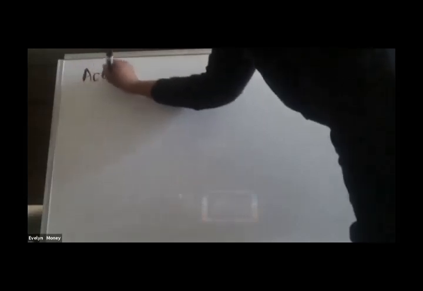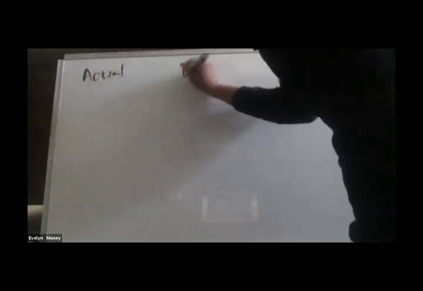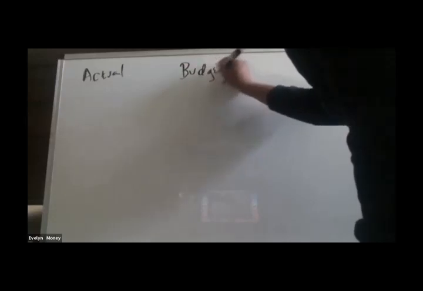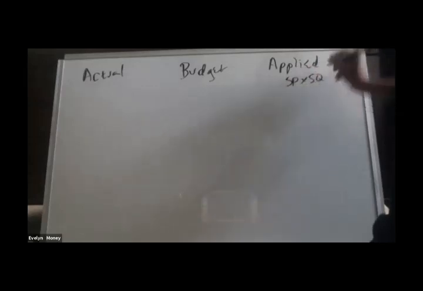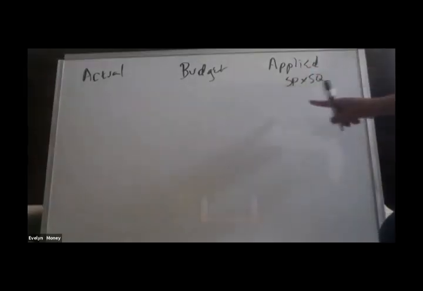So with fixed overhead, our headings change, because now we take actual versus budget versus applied. And applied is just standard price times our standard quantity.